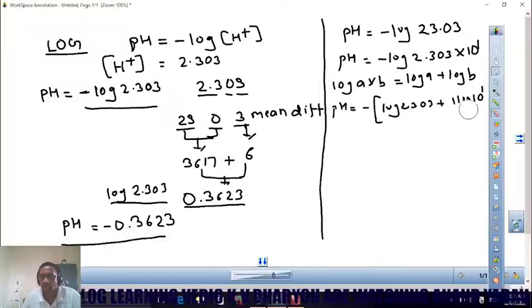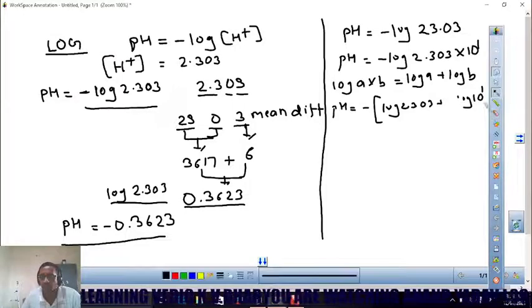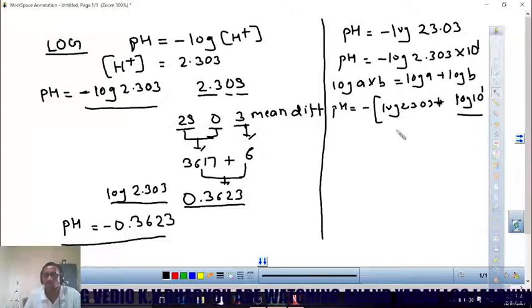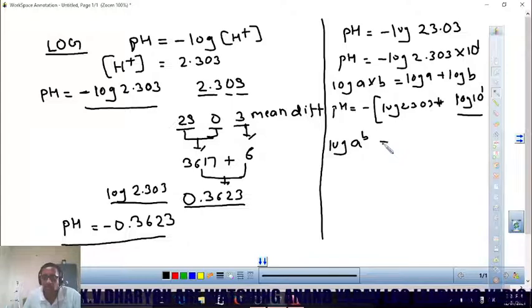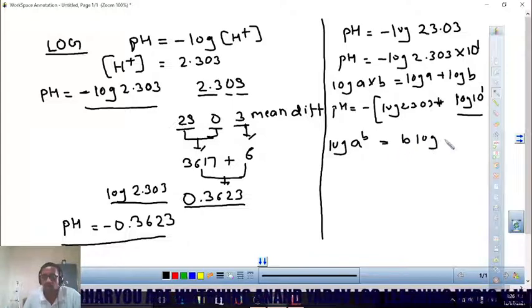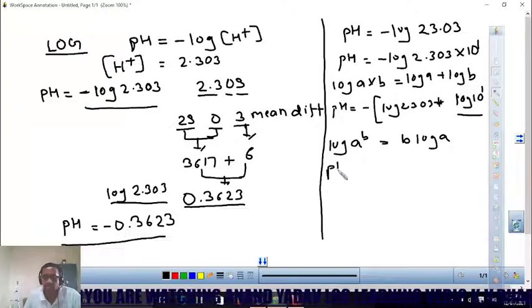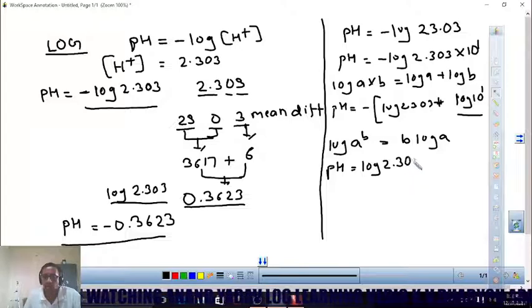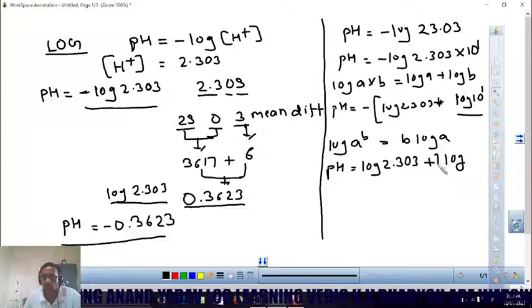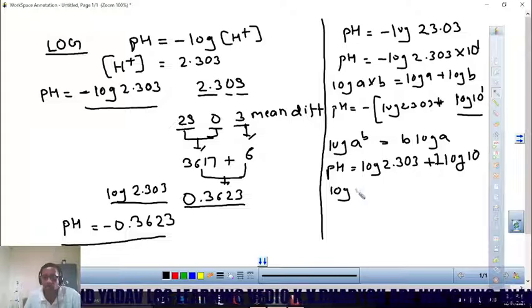You can write it like this, 10 raised to 1. Now here also you can apply the formula, log A raised to B is equal to B log A. So you can write it like this, pH is equal to log 2.303 plus 1 log 10. Remember dear student, log 10 is equal to 1.